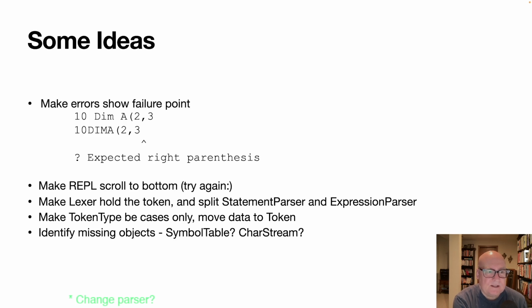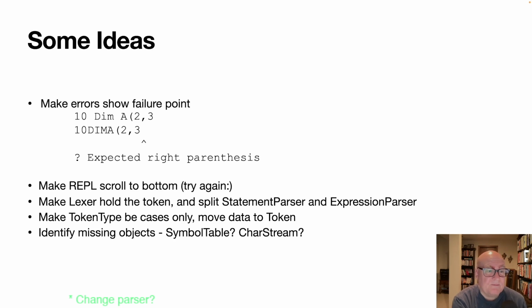So, 10 dim a 2 3, that's the normalized view of the code. It takes out all the spaces except in quotes, and that's what we work with. So right now our error messages reflect that. We could at least print that out, print a pointer to where we expected something or where we detected something, and a message there. That would be an improvement.